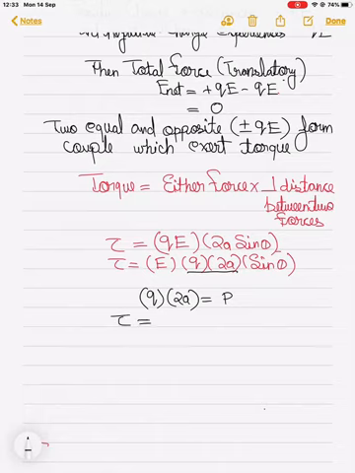Torque is equal to E into P into sine theta. So when we write this expression in vector form, we see that torque is equal to P cross E. So it is the vector form.